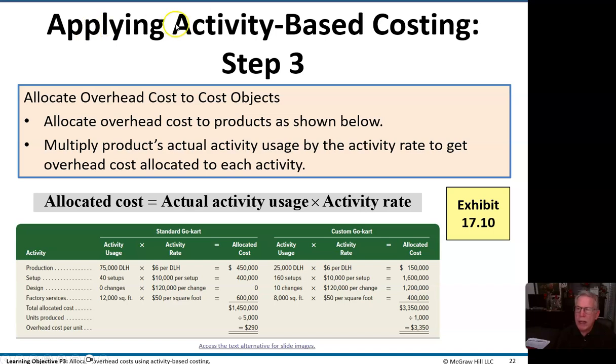Okay. So now we're going to allocate that overhead cost to the objects in our step 3 here. And we do that by multiplying the product's actual activity usage by the budgeted activity rate to get the overhead cost allocated to each activity.